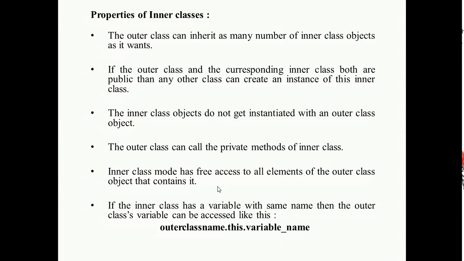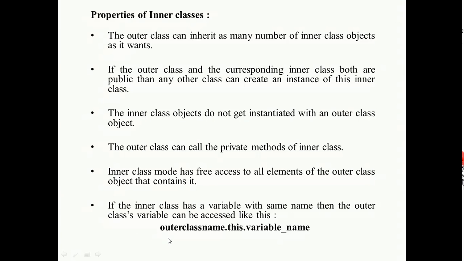The outer class can call the private methods of the inner class. The inner class has free access to all elements of the outer class object that contains it. And if the inner class has a variable with the same name, then the outer class variable can be accessed like this.